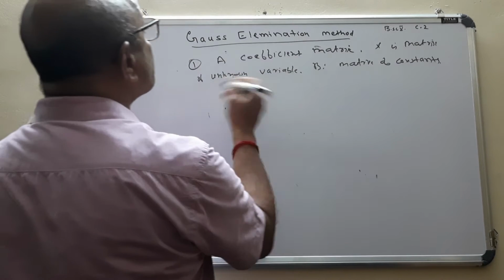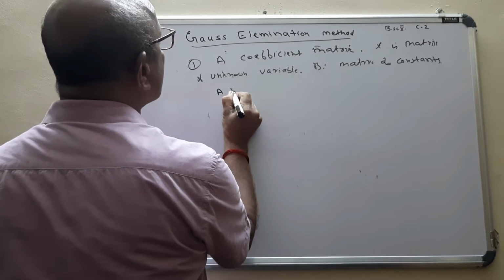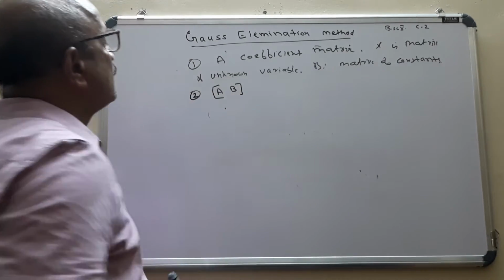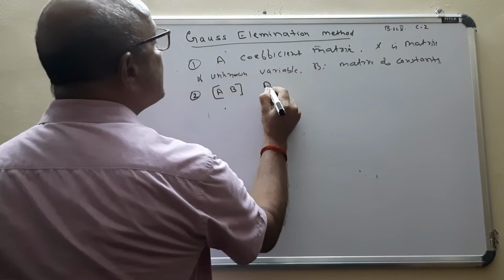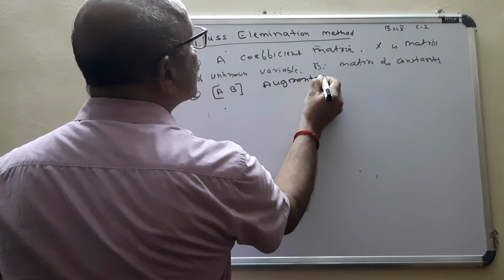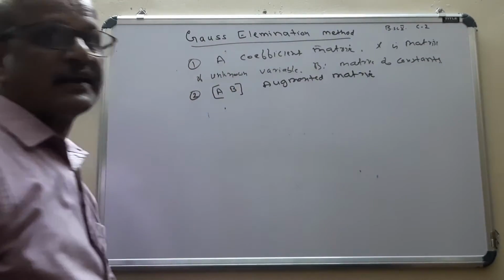Here we have to adjoin the matrix B to A. That means you have to include one more column to the matrix A, and it is called the augmented matrix.